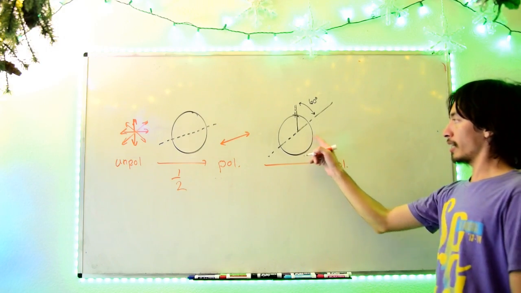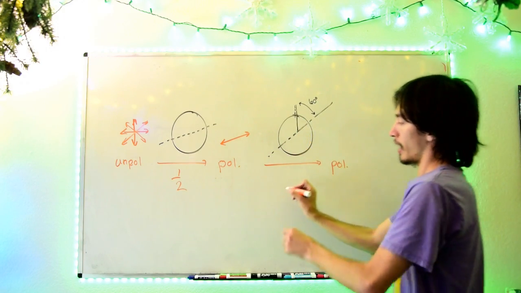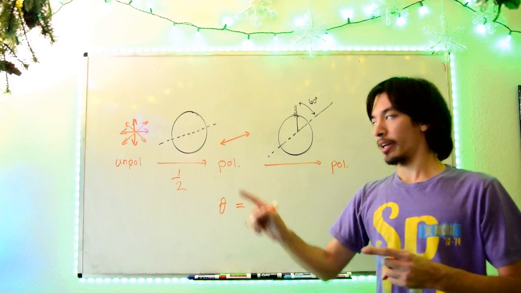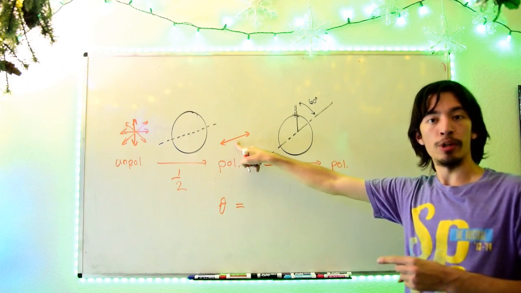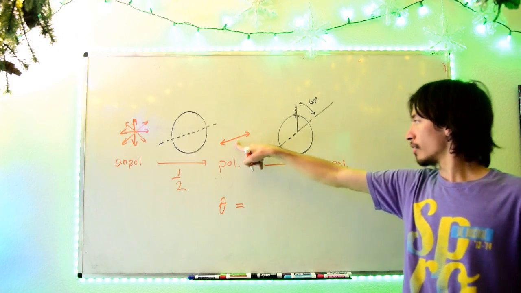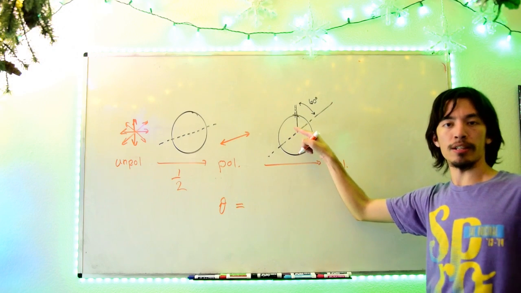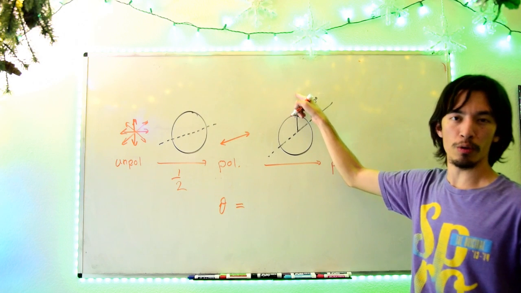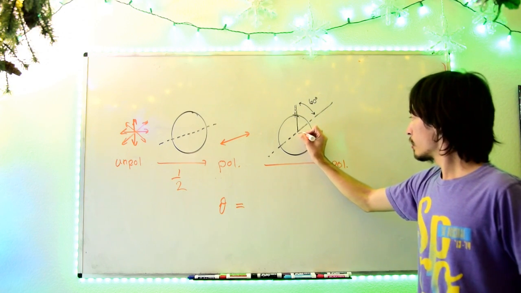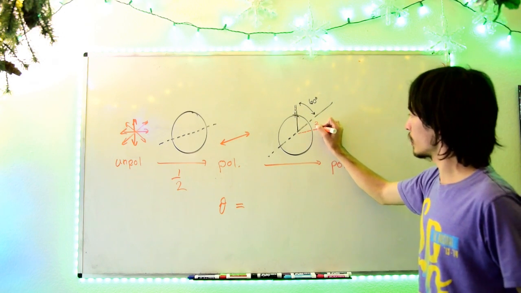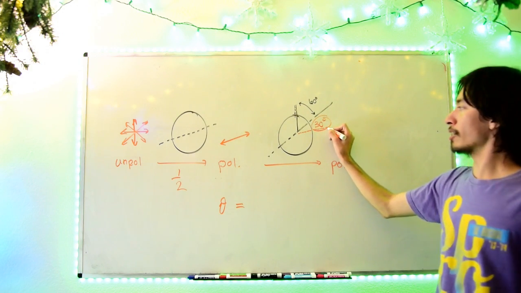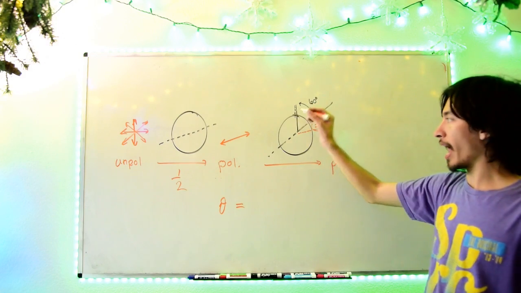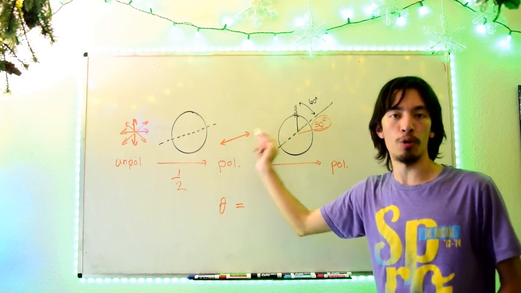So here, because I said that the angle theta is the angle between the polarization of that light, which is horizontal in our case, and the transmission axis, which is not 60 degrees from the horizontal but 60 degrees from the vertical, you need to change it to 30 degrees from the horizontal, because it has to be the angle between the transmission axis and the polarization of the light, which is horizontal.